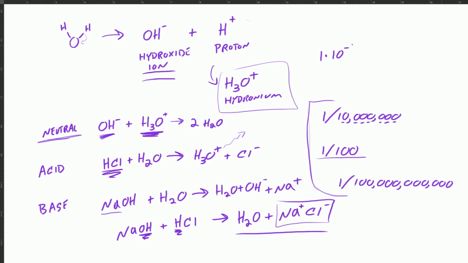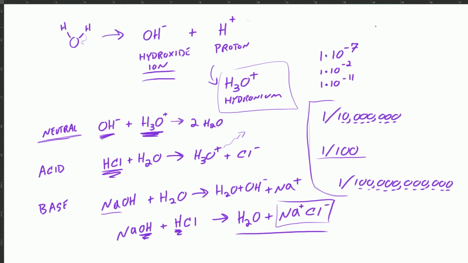Another way to write 1 in 100 is 1 times 10 to the negative 2. And another way to write 1 in 100 billion is 1 times 10 to the negative 11th. So it's a little bit easier to write in scientific notation, but this is still a little bit annoying.